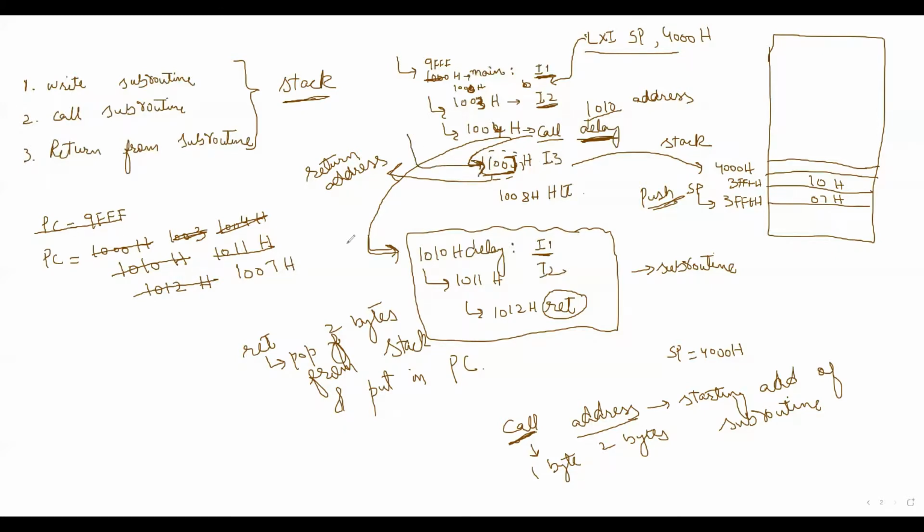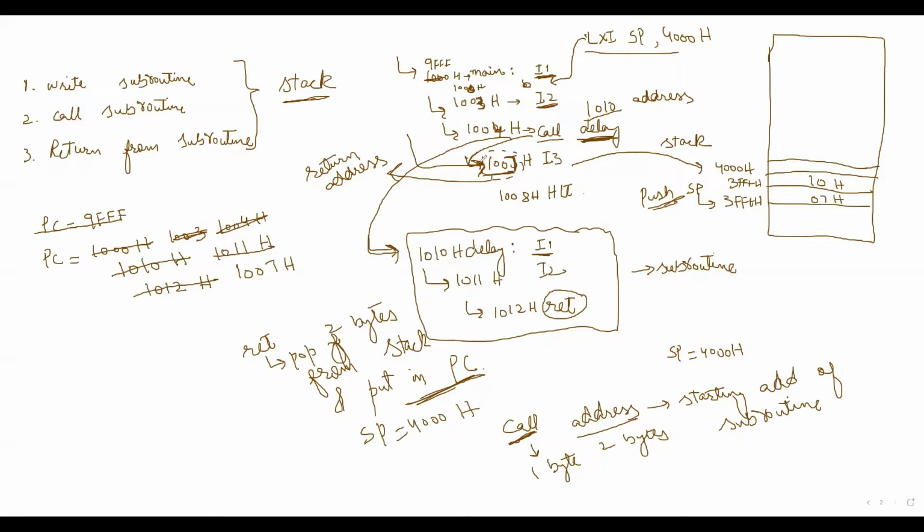And also popping 2 bytes means that we have to increment our stack pointer. So the new value in stack pointer will be 4000H. Previously, when we did the call operation, stack pointer automatically becomes 3FFEH. Now, again, using a return instruction, stack pointer becomes 4000H.